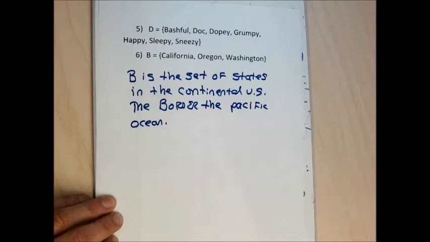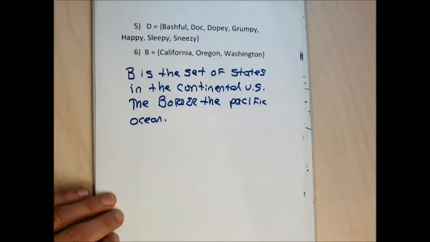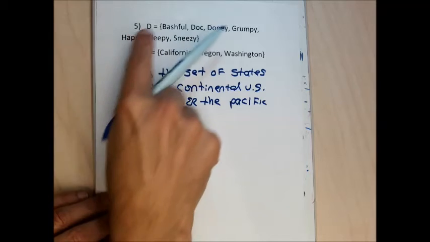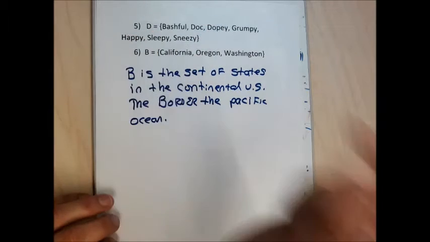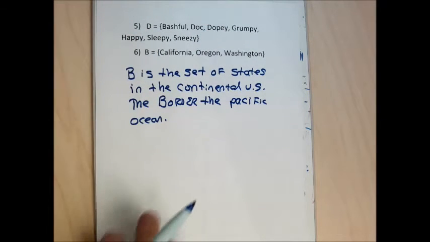I think that would be a reasonable description, assuming that my grammar is correct, and this to somebody that understands geography meant those 3 states. For yours, D is just the set of the 7 dwarfs, just in case you don't know who those are.